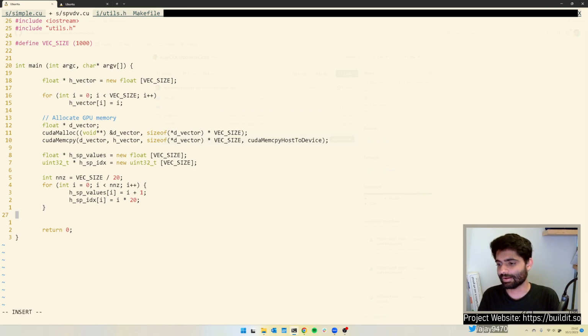This is where unified memory comes really handy, but we're not going to be using unified memory. Sorry, t_sparse_values equals to, and then t_sparse_indices.